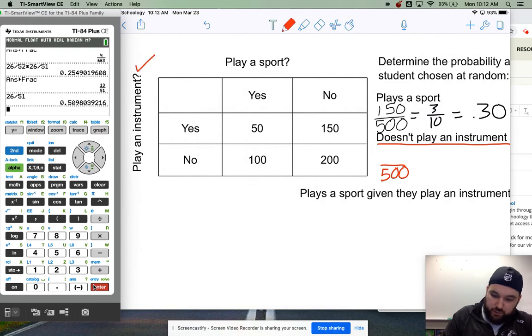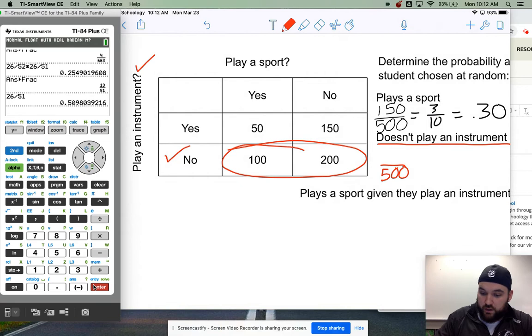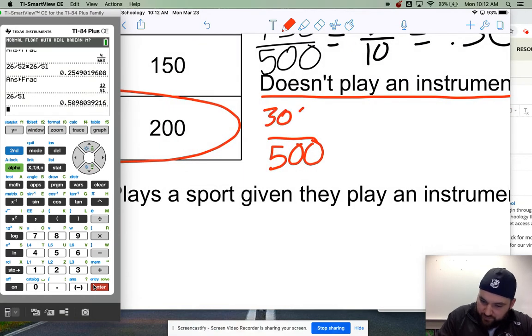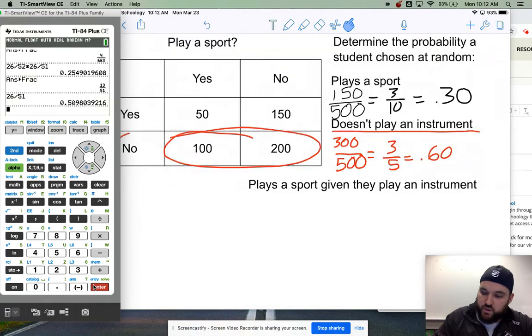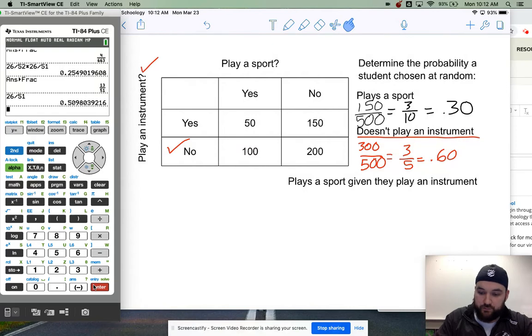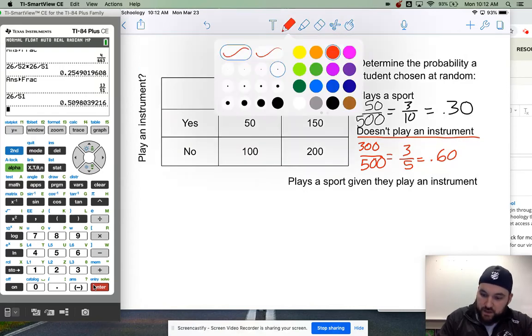Well, we have to look at plays an instrument and no, and there's a total of 300 people there, between the people who said no to an instrument that play a sport and that don't play a sport. So this is going to be 300 out of 500, which reduces to 3 out of 5, which is 60%. So you have a 60% chance of picking someone who doesn't play an instrument based on the data given in the table.